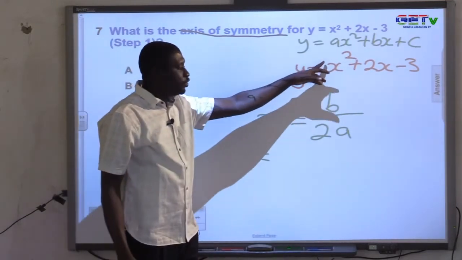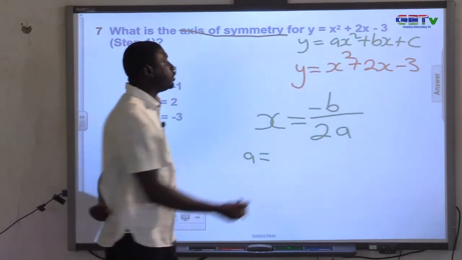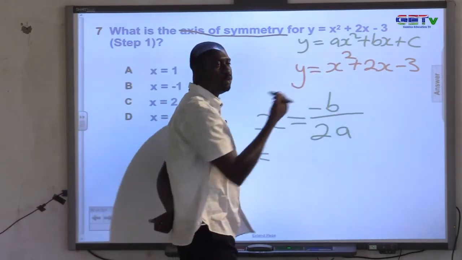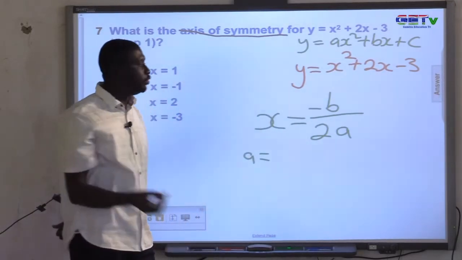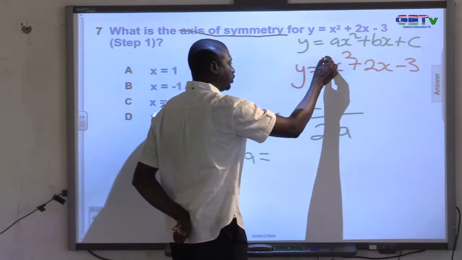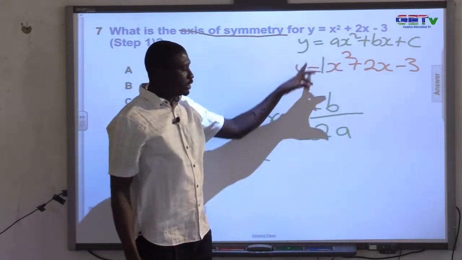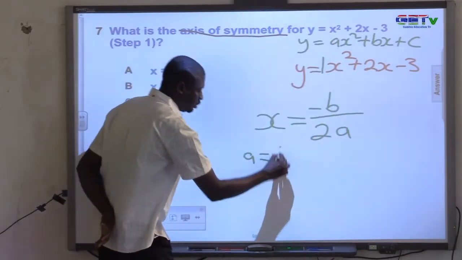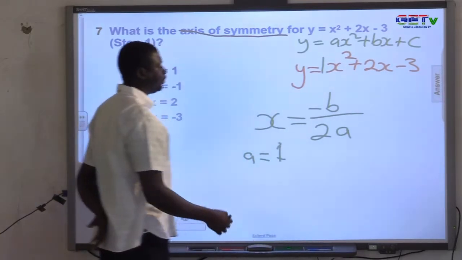There is no value in front of the quadratic term. But in algebra, you should know if you have a variable on its own, all variables must have a coefficient. And the coefficient in front of this x squared here is 1. So a, therefore, is equal to 1. That's our a.